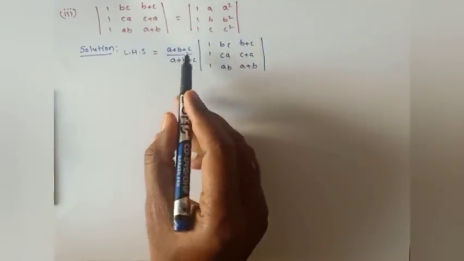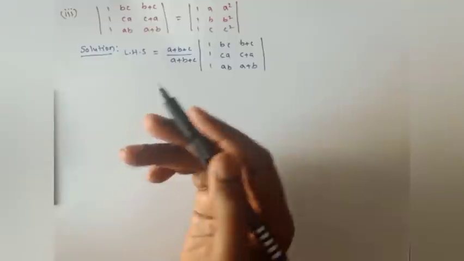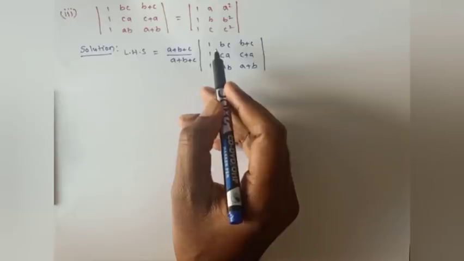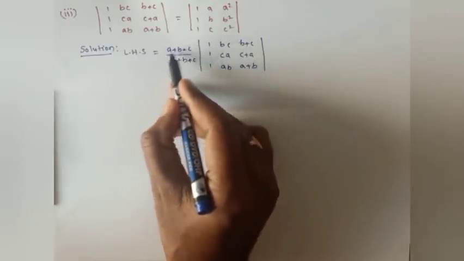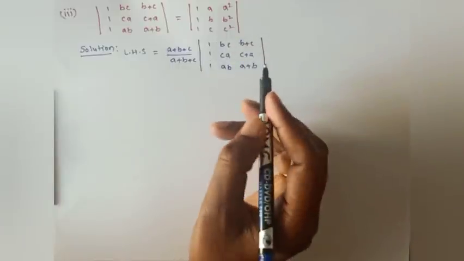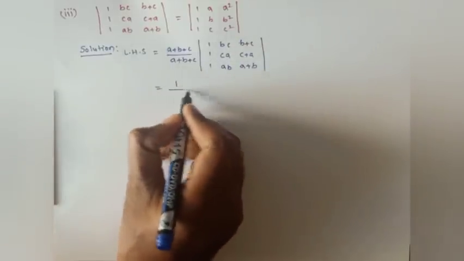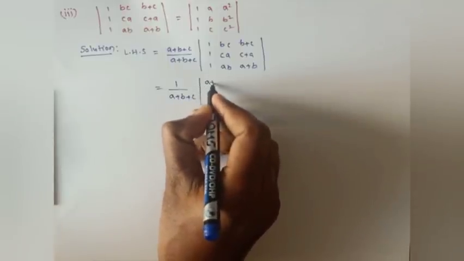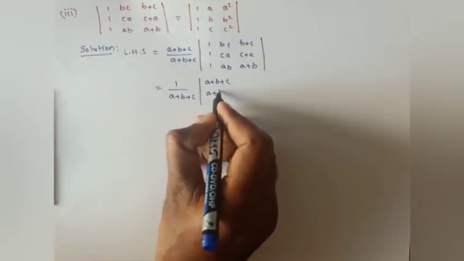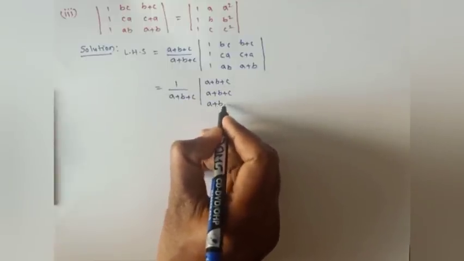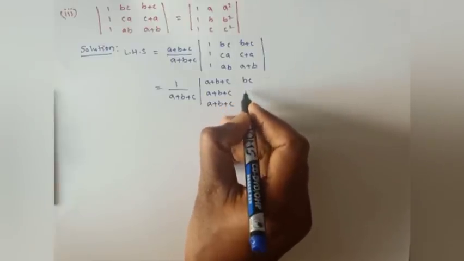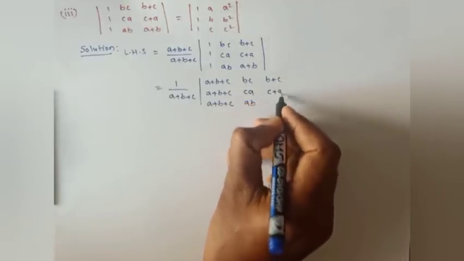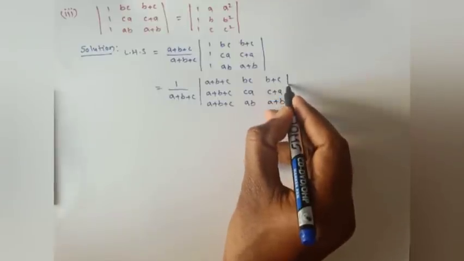Now we need to multiply this a plus b plus c with either a row or a column only. To get a simple simplification, multiply this entire term with the first column. That means 1 by a plus b plus c times of, now it is a plus b plus c, a plus b plus c, a plus b plus c, and column 2 is as it is, bc, ca, ab, and this is b plus c, c plus a, a plus b.